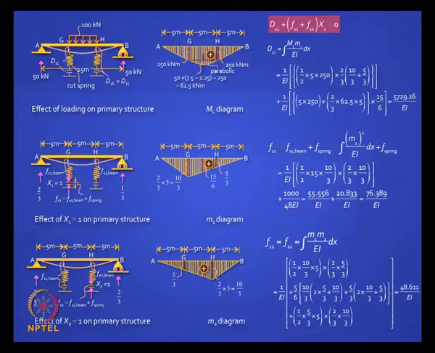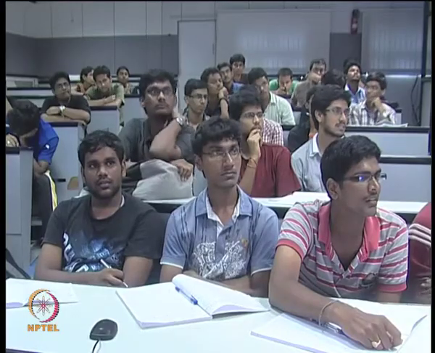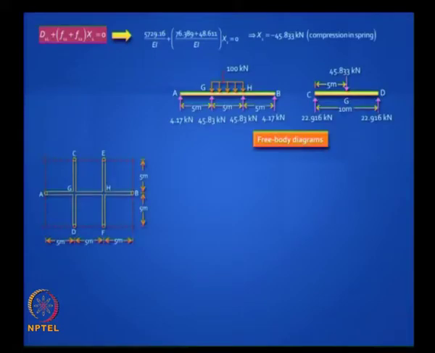You might encounter such problems in real life. When you simplify, you have a powerful technique to solve them, and you can plug in those numbers, solve for x1, and now once you know the value of x1, you see how it comes. Let us say x1 is 45.83 kilonewton minus, which means it is compression.